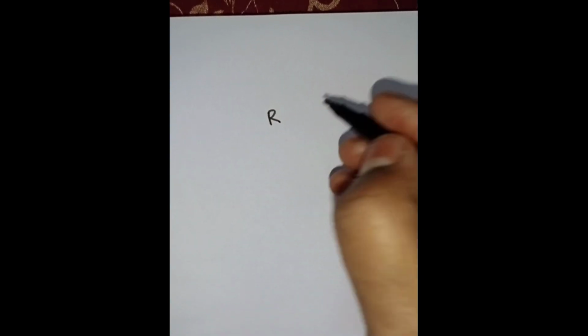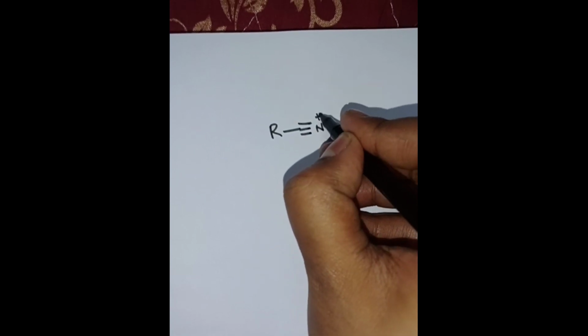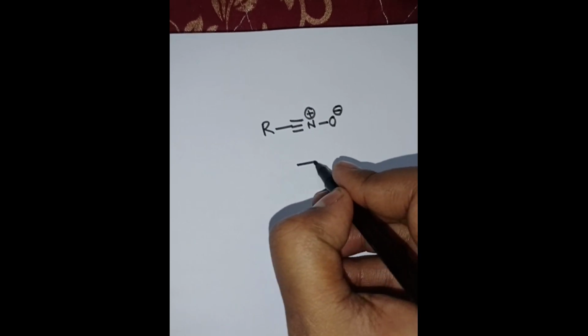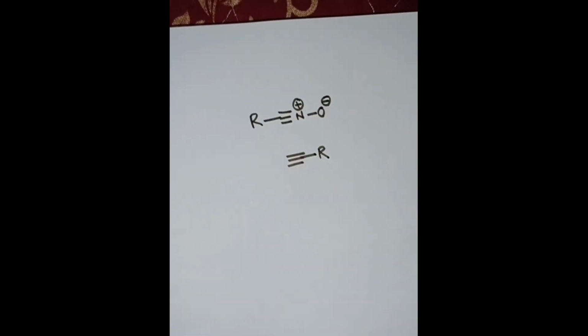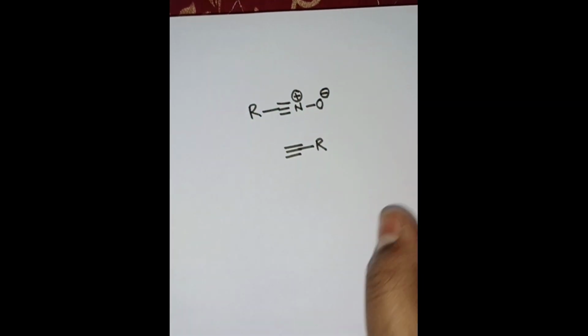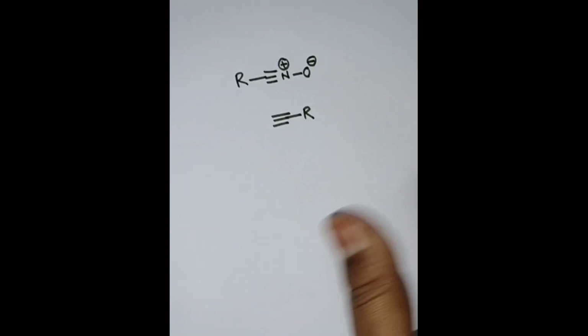Now suppose I have this same 1,3 dipole, but I have a terminal alkyne as my dipolarophile. So I have already discussed that this dipolarophile can be alkene or alkyne, anything.